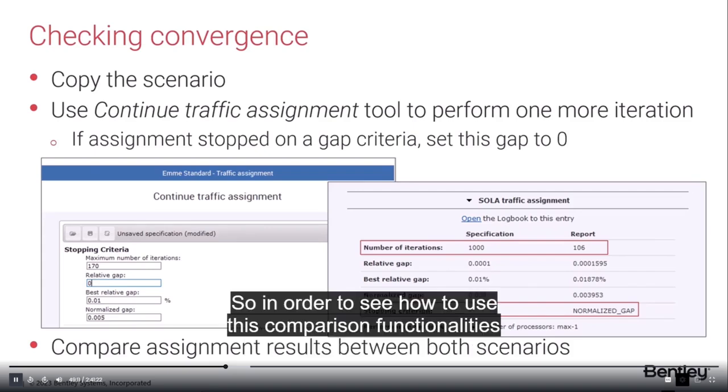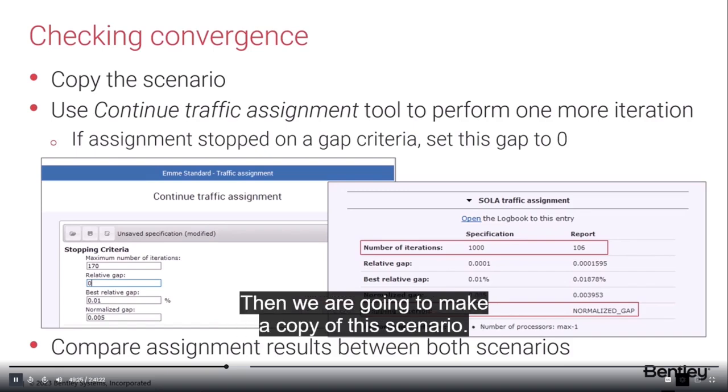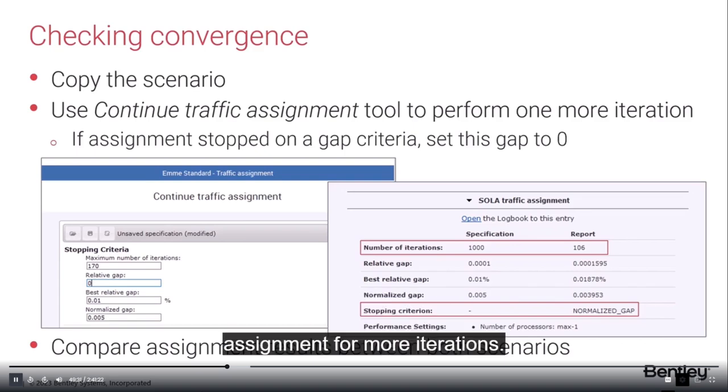So in order to see how to use these comparison functionalities to ensure that we have reached user equilibrium, what we will do is run a SOLA traffic assignment. Then we are going to make a copy of this scenario, and we are going to continue the SOLA traffic assignment for more iterations.